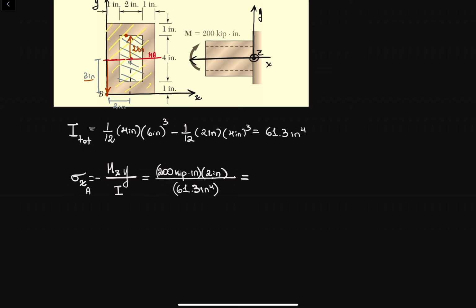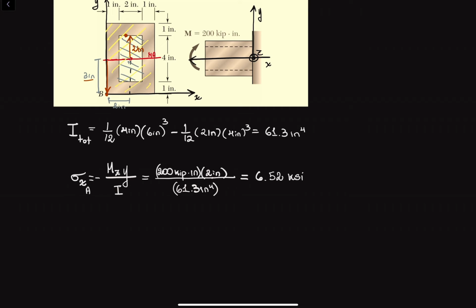And now that we do that, I'm going to get 200 times 2 divided by 61.3. Well, that's going to be 6.52. And that's going to be, what is it? Kips over inches squared. So K is psi.